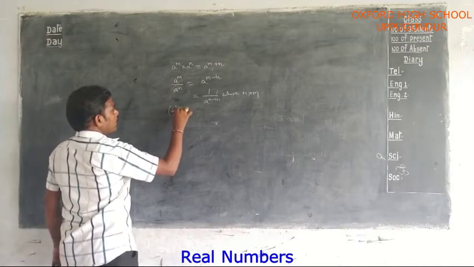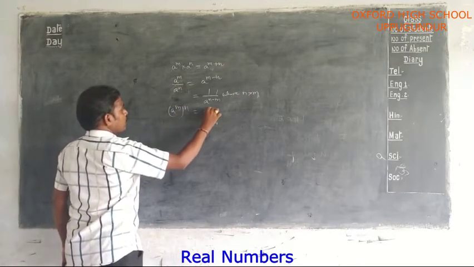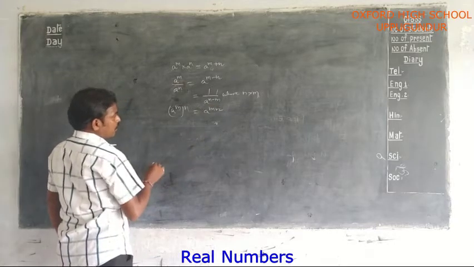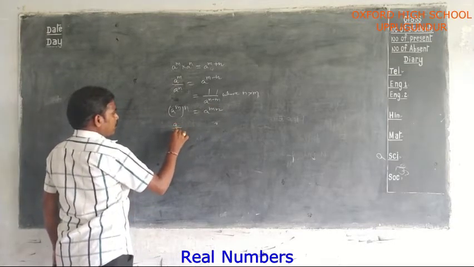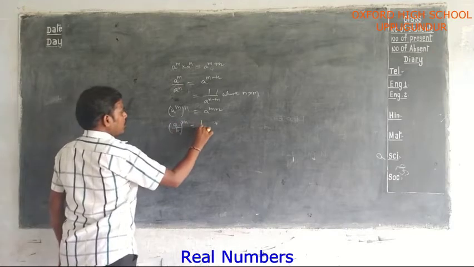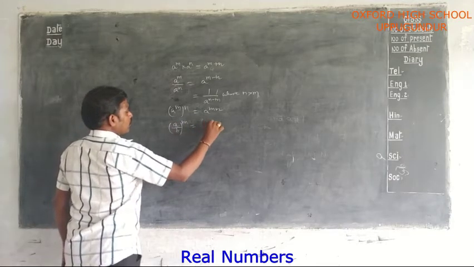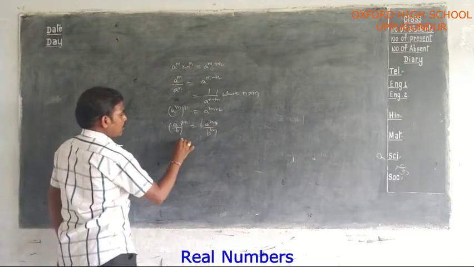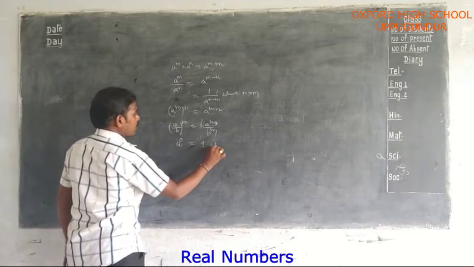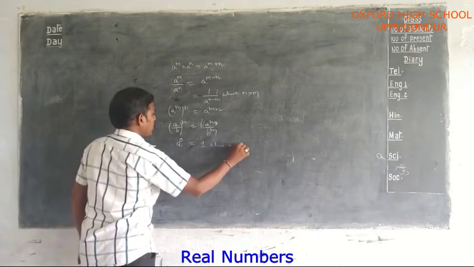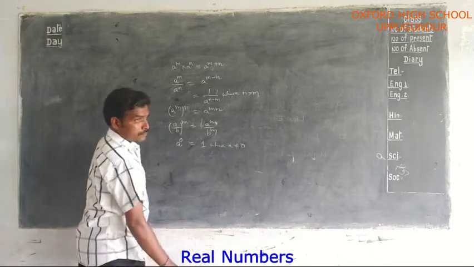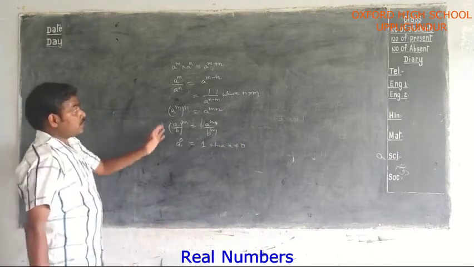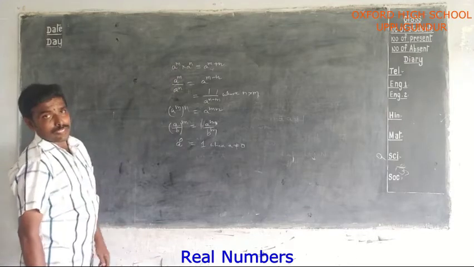A power m whole power n equal to a power mn. a by b whole power m equal to a power m by b power m. A power 0 equal to 1, where a not equal to 0. So these are some laws of exponents.